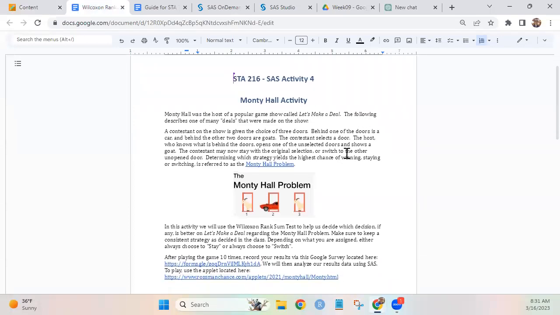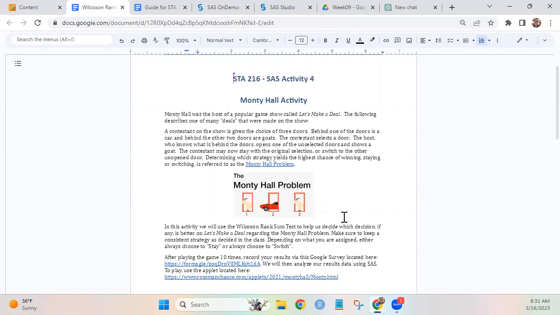Specifically, we're going to be using the Wilcoxon rank sum test to help us decide what's the better decision, to stay or switch our door, in this scenario where we selected a door among 3 to start.